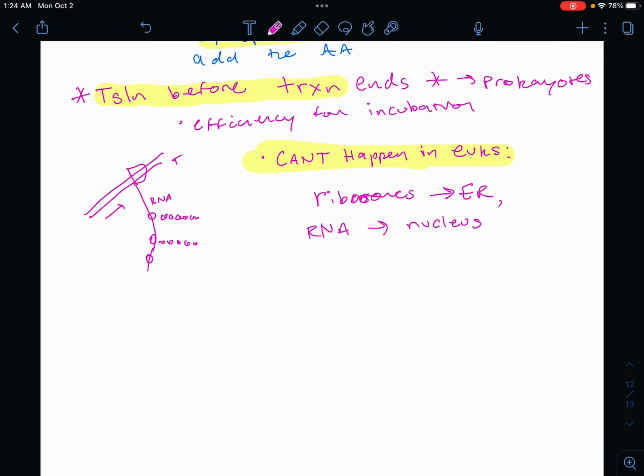Okay, so now let's just talk about the process in general. I'm just going to go off what I wrote in my actual notes for the class. So there's going to be binding at the ribosome site, and the ribosome is going to find AUG.